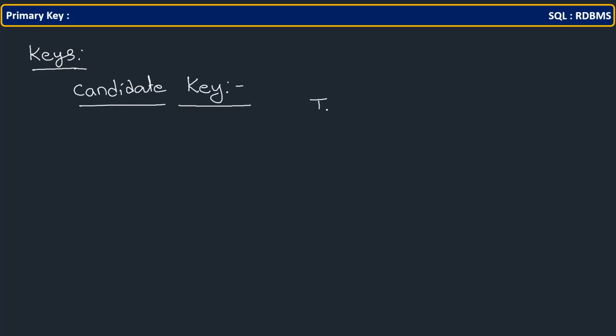Suppose you take a table, assume this is an EMP table. In this EMP table, we are going to have columns, for example employee number, employee name, and other details. And for example, in India we have an Aadhaar number, and we have a passport number.